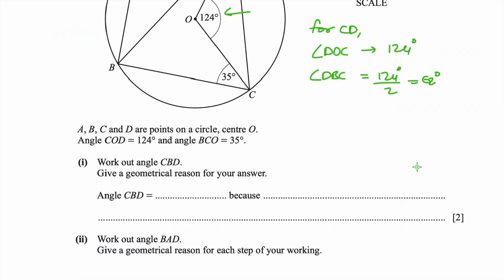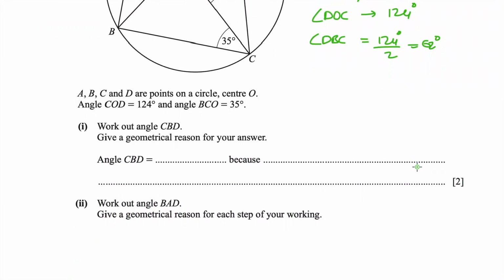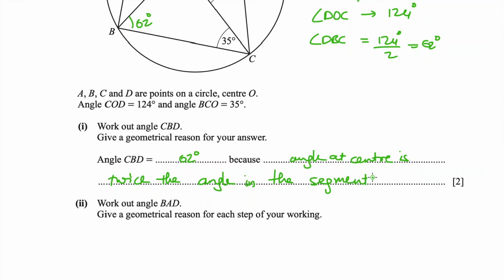So angle CBD, which is the required angle, is half of the angle at the center, and so 62 degrees, because angle at center is twice the angle in the segment, right? That is the first answer.